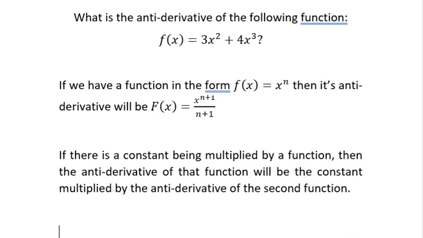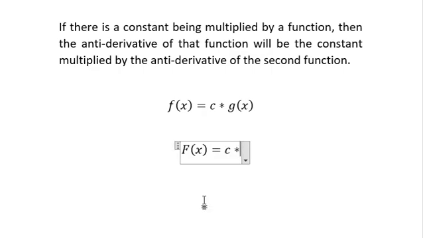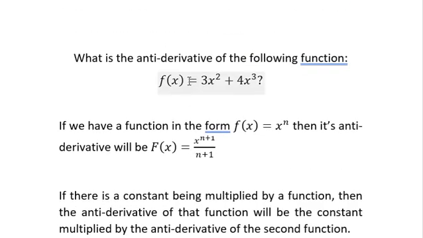In other words, if I had a function in the form f of x equals a constant times g of x, the antiderivative of f of x, capital F, equals the same constant times the antiderivative of g of x. So we can use these two rules to find the antiderivative of this function. Let's try to do that.